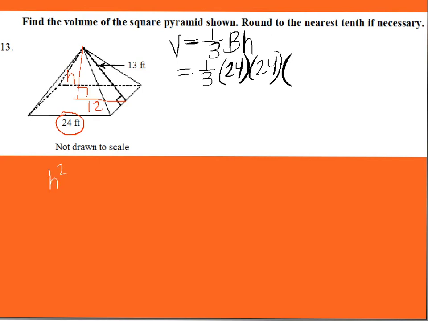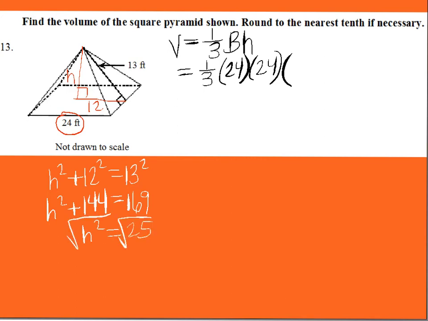I'm going to say h squared plus 12 squared is equal to 13 squared. Remember, your slant height's always your c, or it's always your hypotenuse. So h squared plus 144 is equal to 169. Subtracting 144, I get h squared is equal to 25. And then square rooting both sides, h is equal to 5.